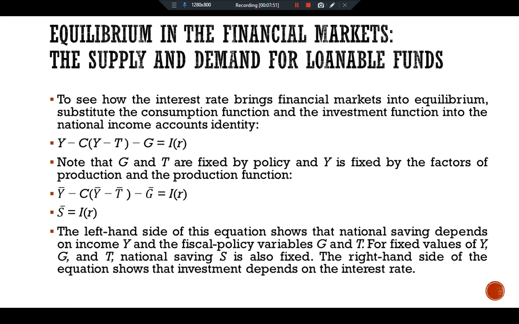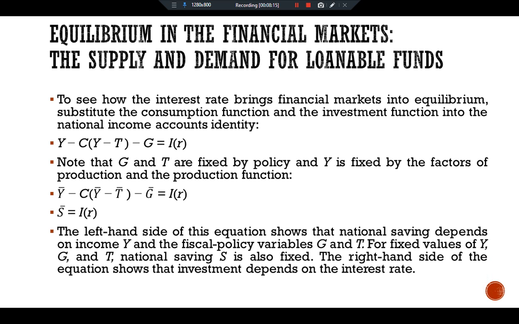Okay, the left side of the equation shows that national saving depends on income, Y, and the fiscal policy variables G and T. For fixed values of Y, G, and T, national saving S is also fixed. The right-hand side of the equation shows that investment depends on the interest rate.